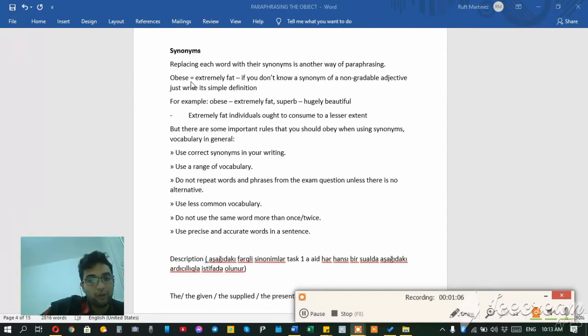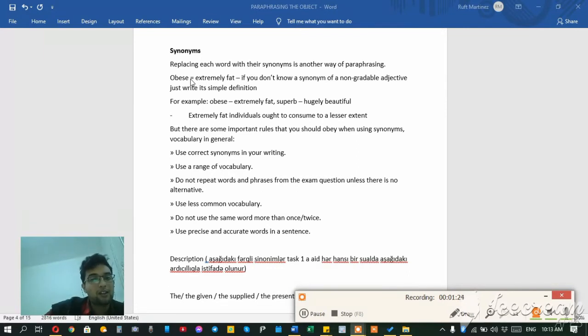Or if you don't know the synonym of any noun or any verb, just write the definition of that verb. For example, let's say you don't know the synonym of obese, but you know that obese means extremely fat, right?